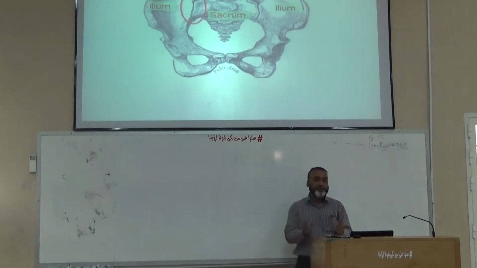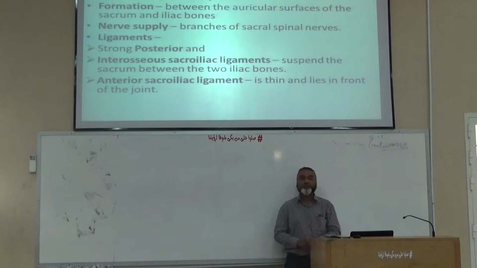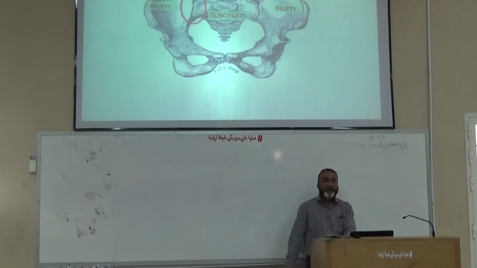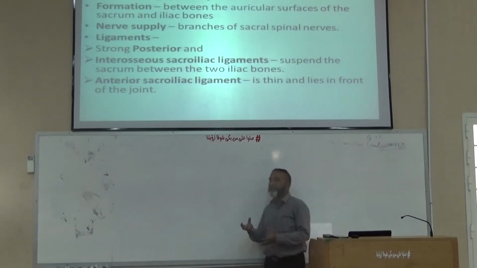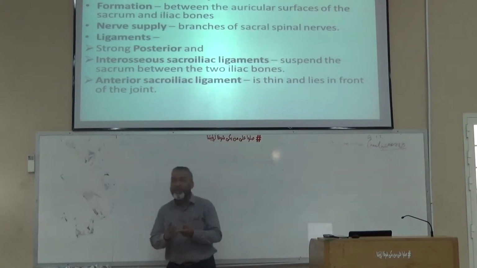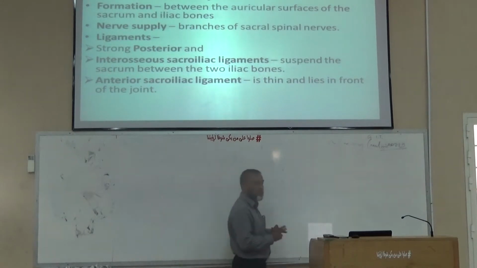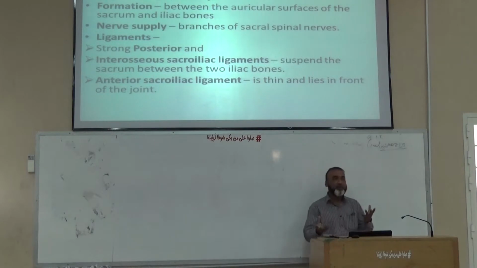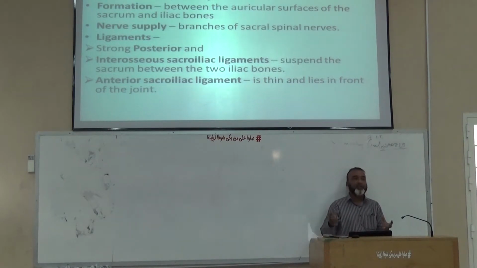These two articulate with each other to form the sacroiliac joint, which is classified as a strong synovial joint, formed between the two articular surfaces on each side between the sacrum and the iliac bone.